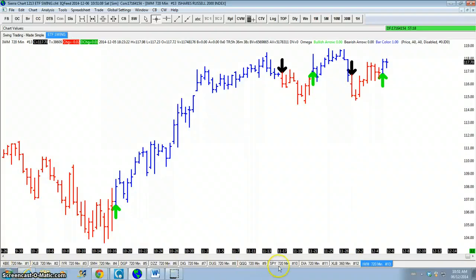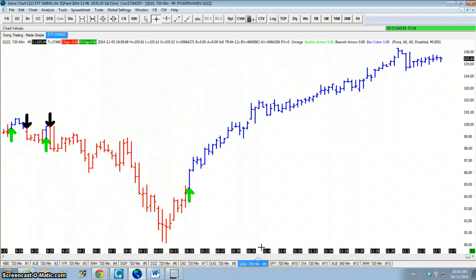All the highly liquid ETFs have been covered, and our software will give you all the signals when to buy, when to sell.